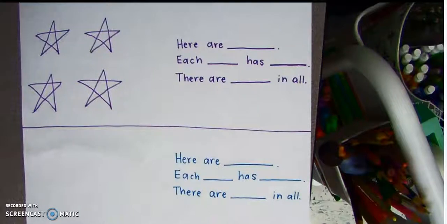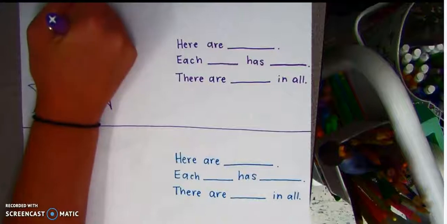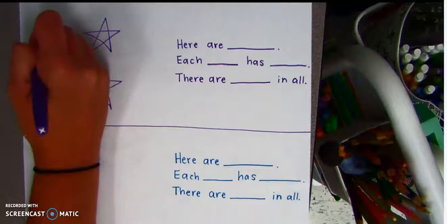Well, we could look at our stars as being the groups. It's the bigger object that holds or has something else. So these big stars have these smaller points. You can see I'm marking these points.